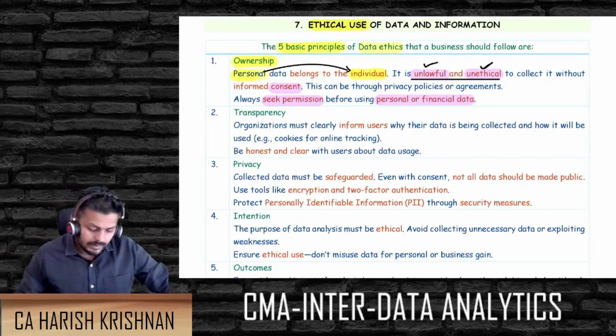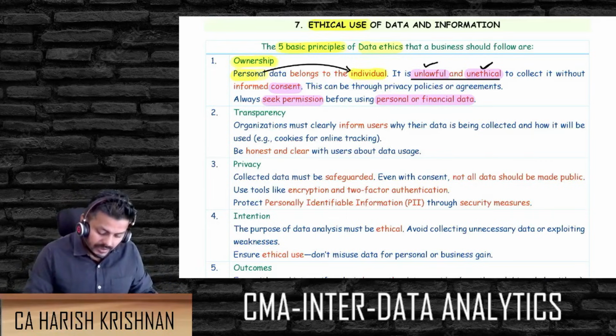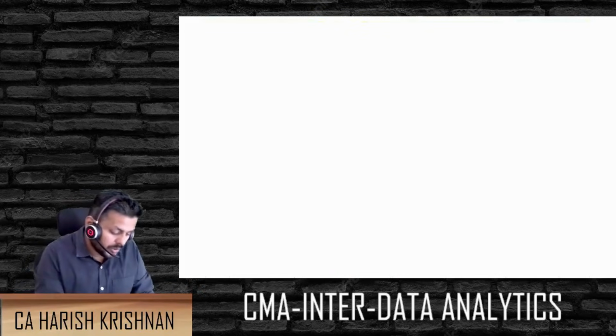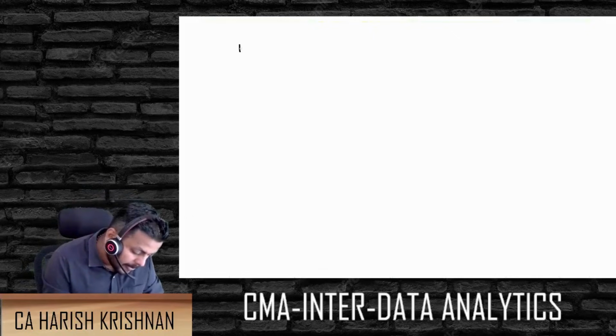Okay, let us make a summary out of this. I want each point to be summarized because there could definitely be some sort of question that can come up in future from this particular discussion. So let us put the heading here: ethical use of data.